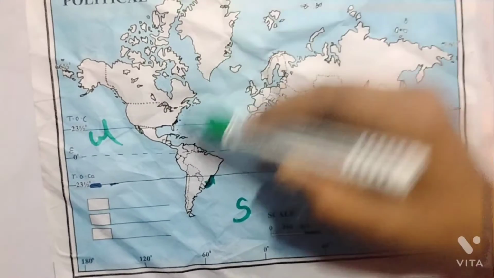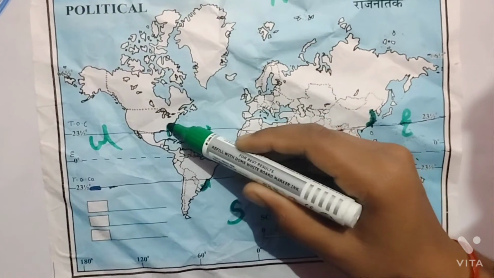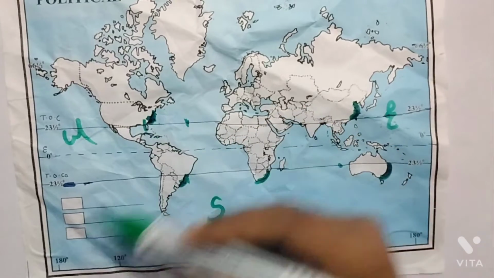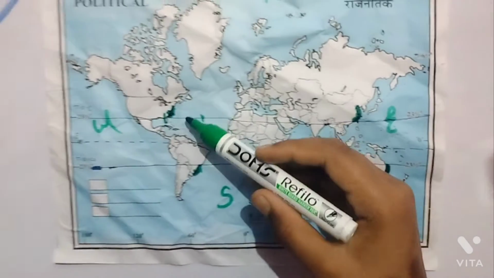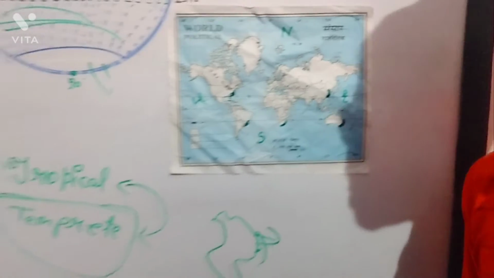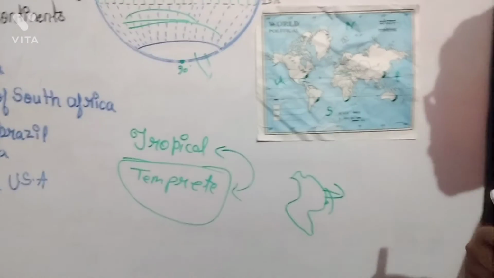Southeastern America, the south part is this and the eastern part is this. So this area has a temperate evergreen forest. And Uruguay is a small country on the southeast part.